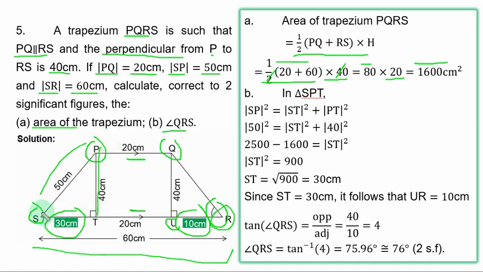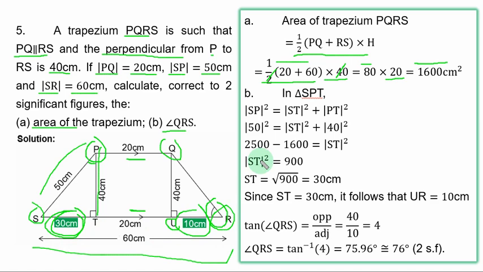Since the triangle is right angled, the hypotenuse is 50, the adjacent is 40 if we are considering this angle, and this side ST we need to get using Pythagoras rule. Once we know ST, subtract it from the whole length 60, it gives you UR.